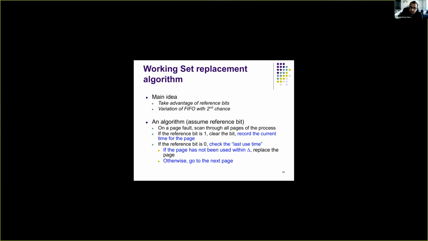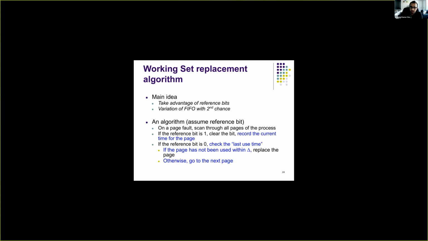So we clear the bit. When we clear the bit, we also record the timestamp for that page. Okay. And if the reference bit is 0, we check the last use time of that page. Okay. And if the page has not been used in the last delta seconds, that means it's not part of the working set. So we just replace the page. Otherwise, we go to the next page, and so on and so forth.